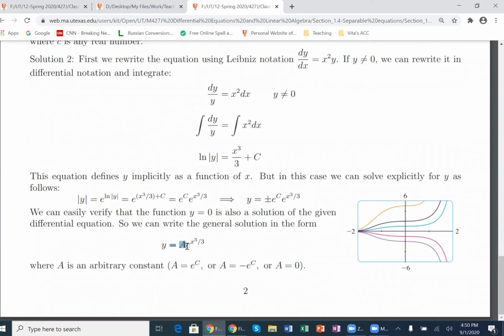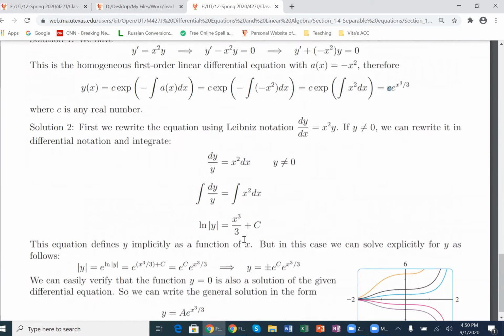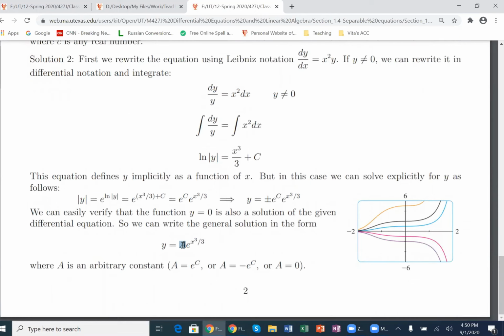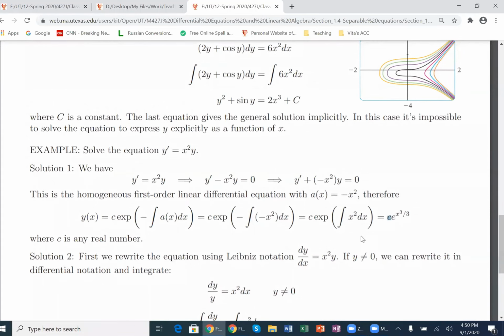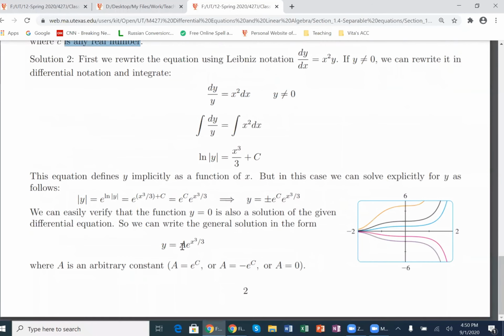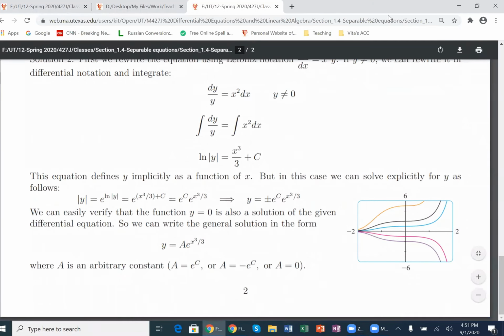We just use a different letter. Instead of a lowercase c, we have uppercase A. This is fundamentally the same. Here, a lowercase c is any real number. Here, uppercase A is again any real number. Oh, okay. Thank you. Any other questions?